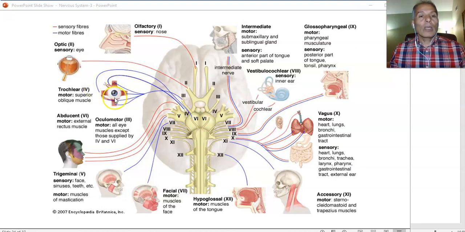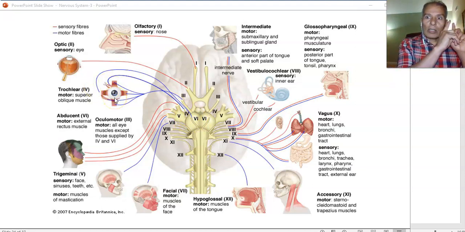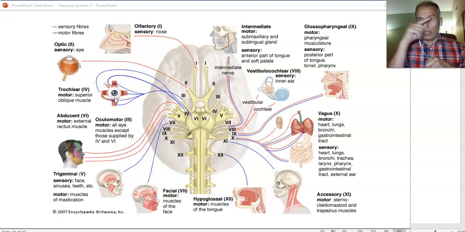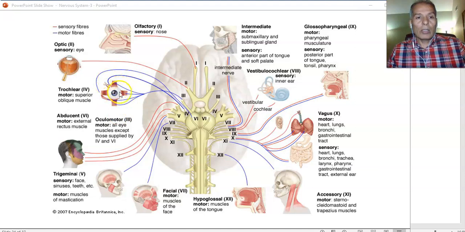These enable you to move the eyes left, right, horizontal, and up, down, and obliquely, like at an angle. So eye movement, eye in different directions.